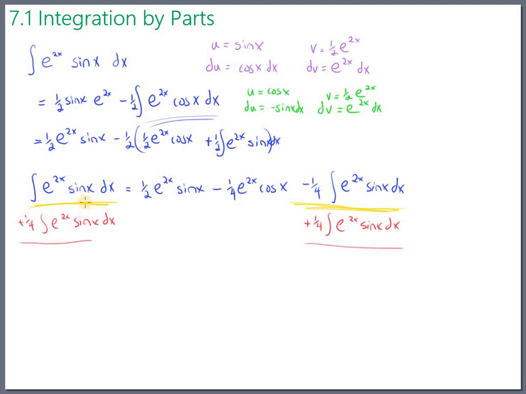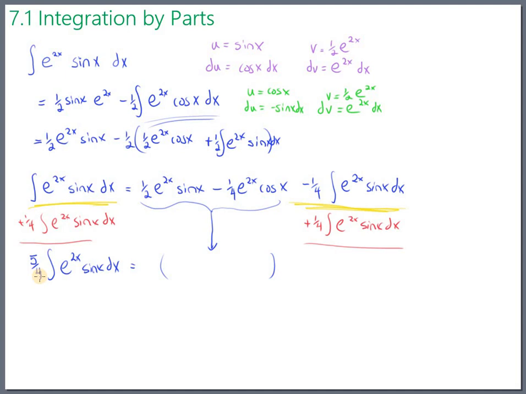We're going to have 1 of this integral plus 1/4 of this integral. So add 1 of something to a 1/4 of something, you get 5/4 of that thing. So 5/4 integral e to the 2x sine x dx equals this stuff right here, which I'm just going to be lazy and drop down into there. And I'm technically still one step away from done because I need to solve for the integral.